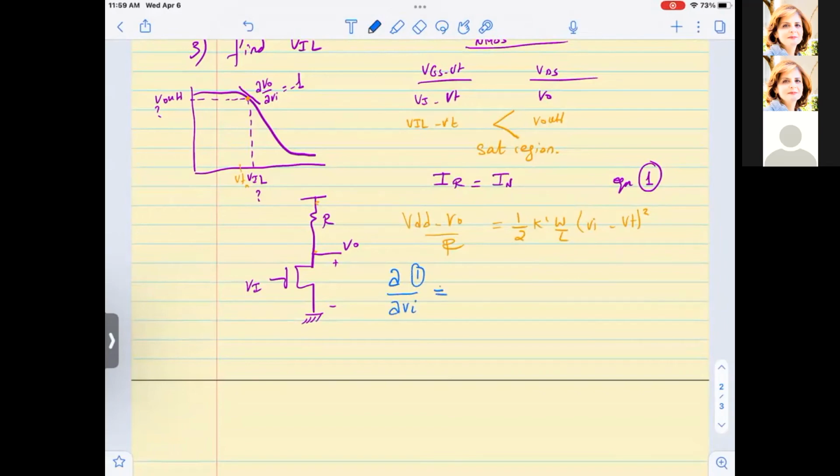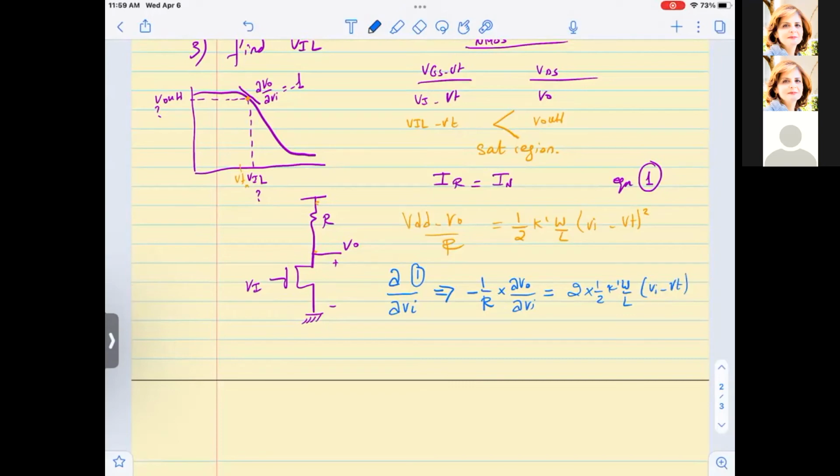If I differentiate both sides, هيدي -1 على R ضرب del Vo by del Vn, لأن ال Vo بدها تصير Vo prime, VDD is a constant بتروح, is equal to هيدي عندي AX squared حتصير 2 ضرب A ضرب X، هون ال X هي ال Vn minus Vt، يعني derivative of this term with respect to Vn هو 2AX.